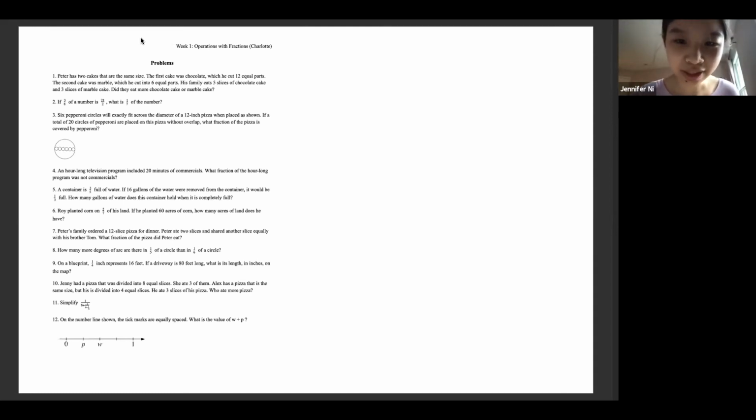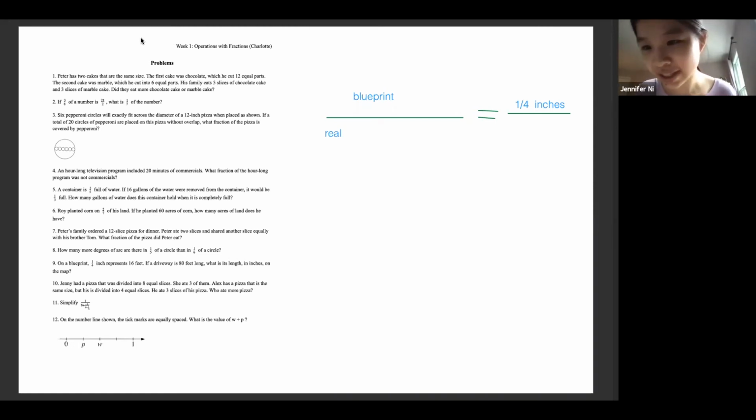So the blueprint, that ratio over the ratio of the real thing will equal, as is given, 1/4 inches over 16 feet.